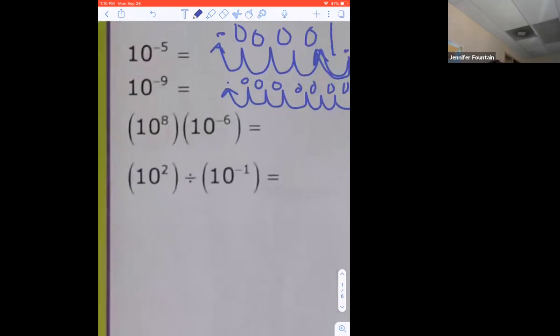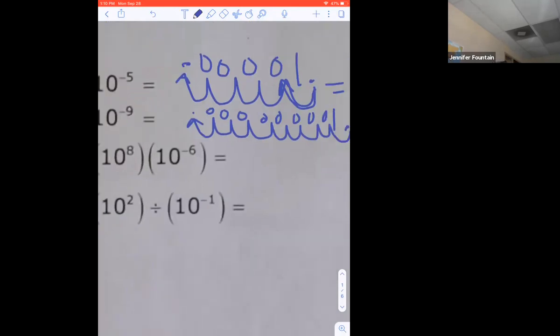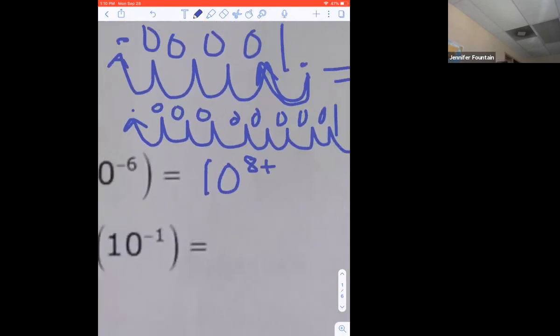All right, 10 to the 8th power times 10 to the negative 6th. I would write this as my base of 10, and I'm going to write an 8. And what do we do when we multiply? What do we do to the exponents? We add them, right? So we're going to have 8 plus a negative 6. Now they're pulling those skills back in from where we started working with negatives and positives.